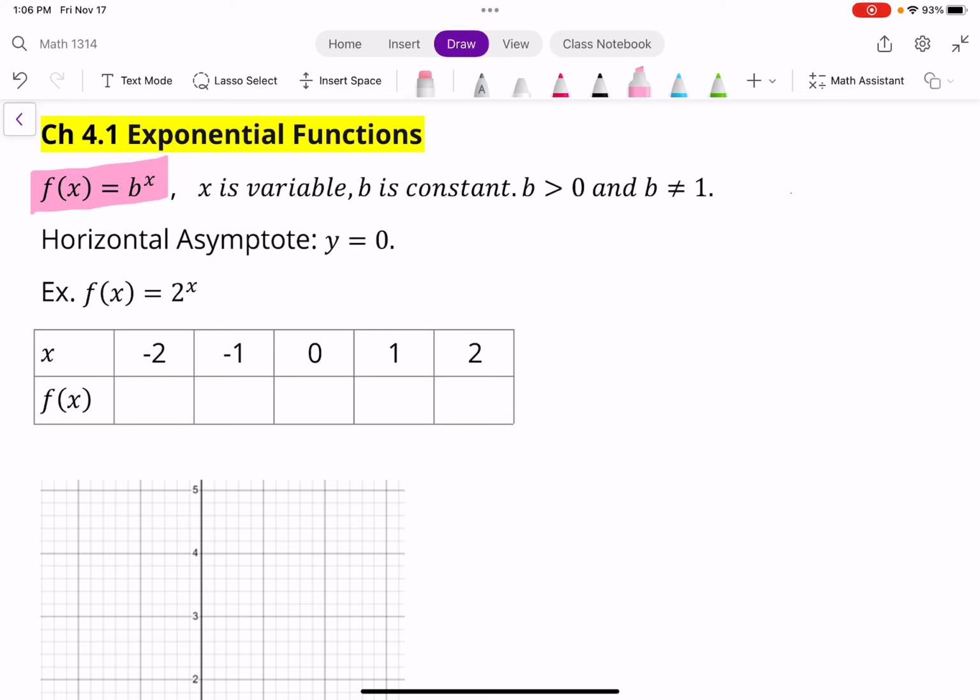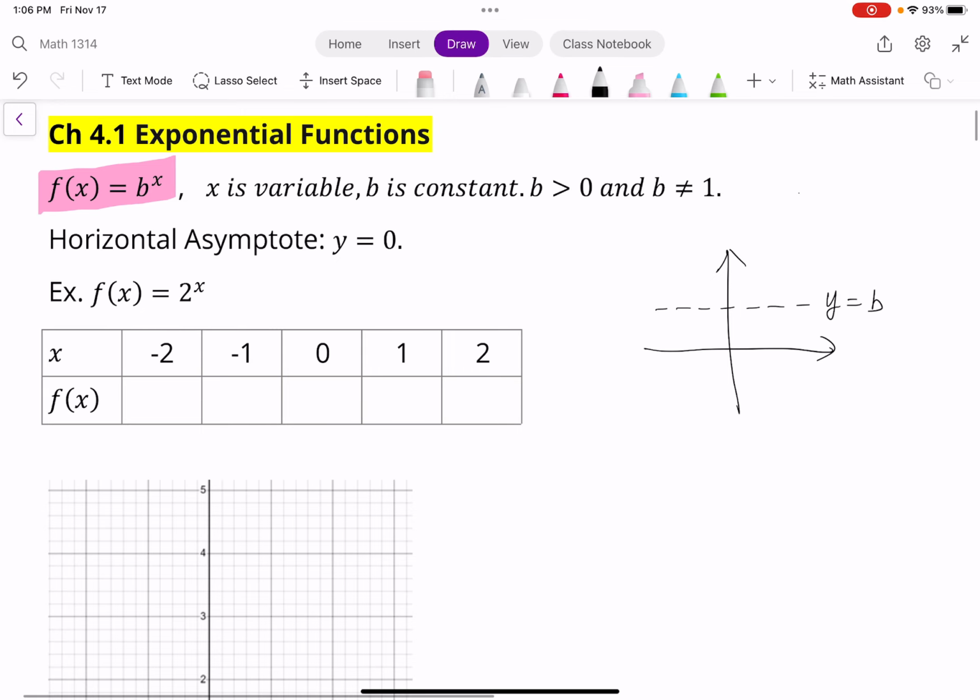We have a special line we call the horizontal asymptote for all exponential functions. What is the horizontal asymptote? In the Chapter 3 rational function part, we learned horizontal asymptotes and vertical asymptotes. A horizontal asymptote is a horizontal line, y equals b. My graph gets close to it but never touches it.